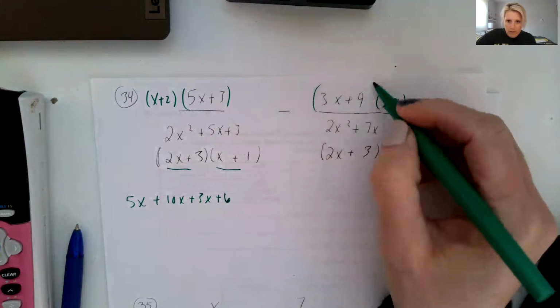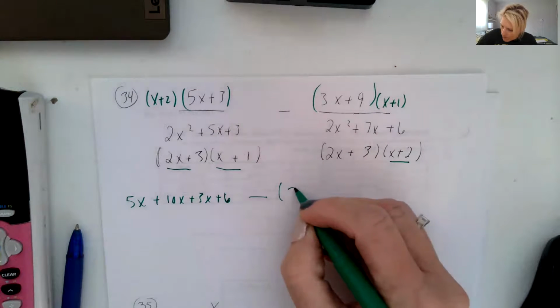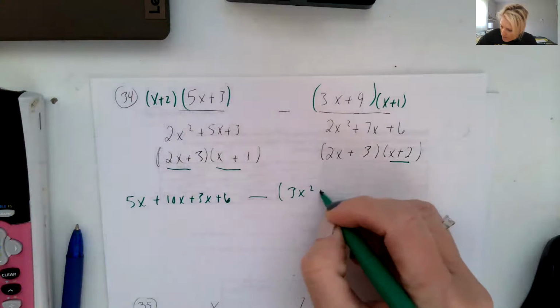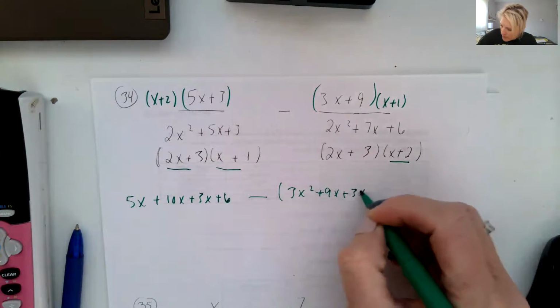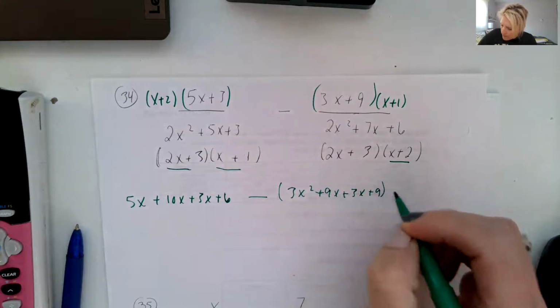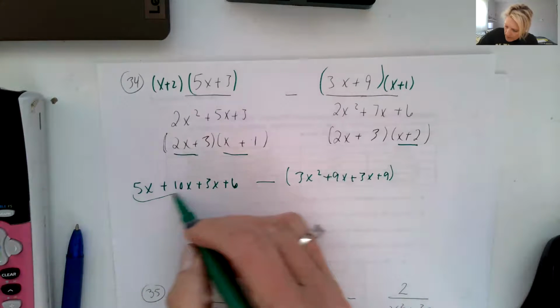So I'm going to multiply these and then I'll just subtract here in just a minute. So we'll have 3x squared plus 9x plus 3x plus 9. So we'll worry about our denominator in a minute. Let's just get our like terms.